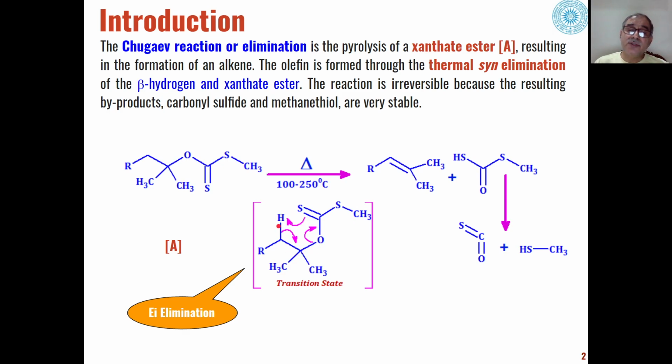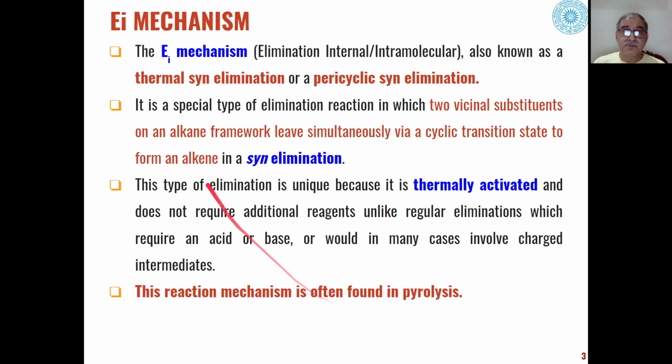So beta hydrogen is eliminated and taken up by the sulfur to create a thiol moiety, and then this bond moves to this place to create a carbon-carbon double bond, and this carbon-oxygen bond breaks. So this involves a six-member transition state, and the mechanism of this type of transition state elimination to form alkenes is called the Ei elimination mechanism.